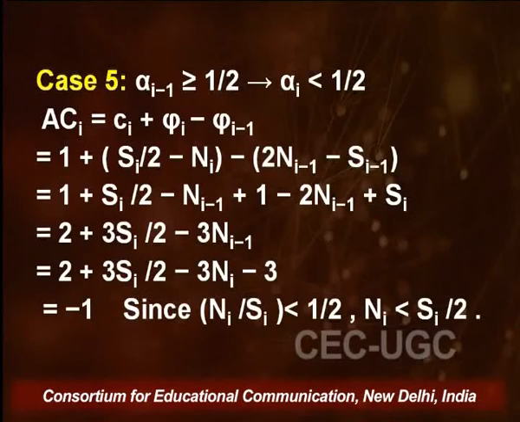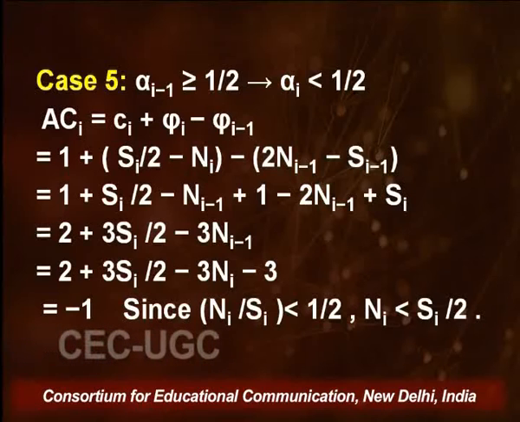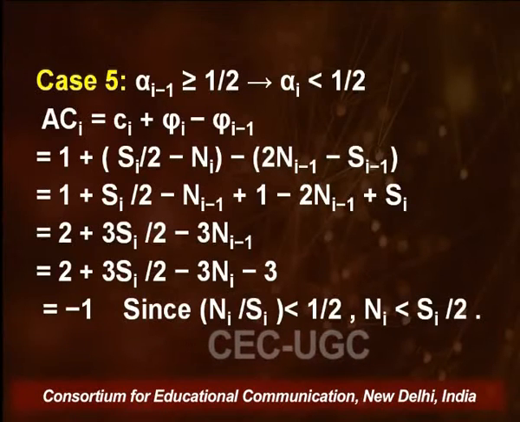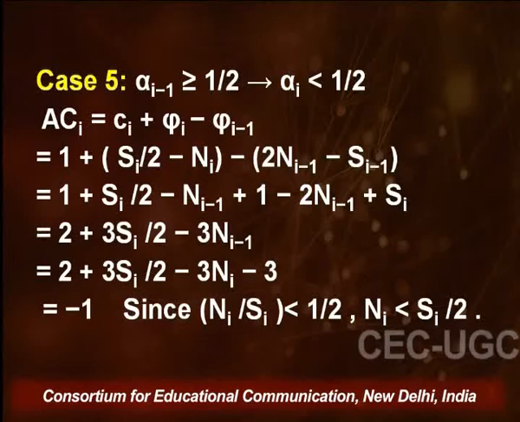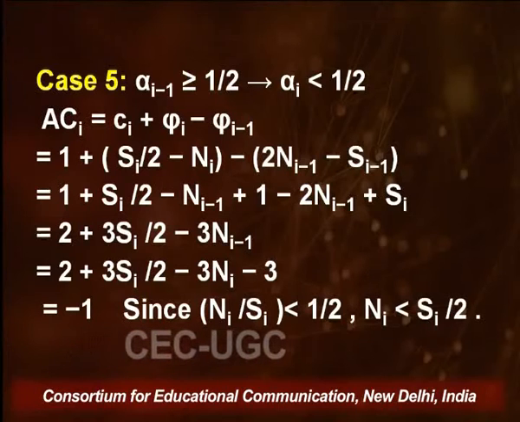Now, coming to the condition where alpha is changing category. The earlier load factor before the ith operation, alpha i minus 1, was greater than or equal to 1 by 2, while by performing the deletion, my alpha i has become less than 1 by 2.